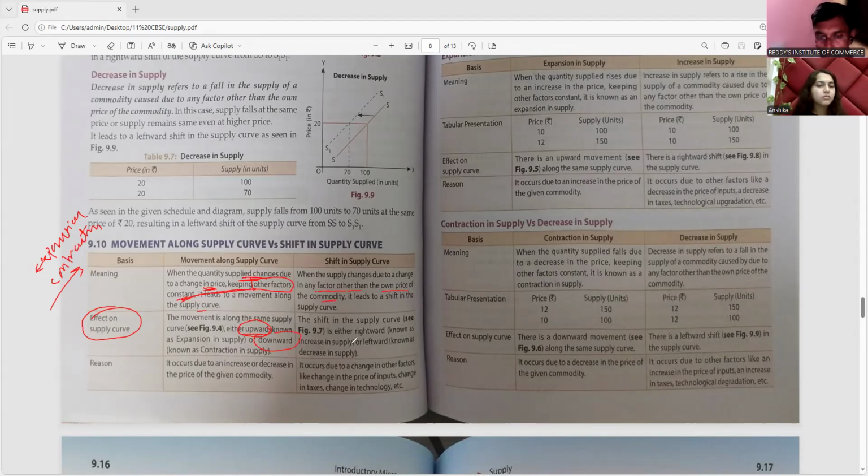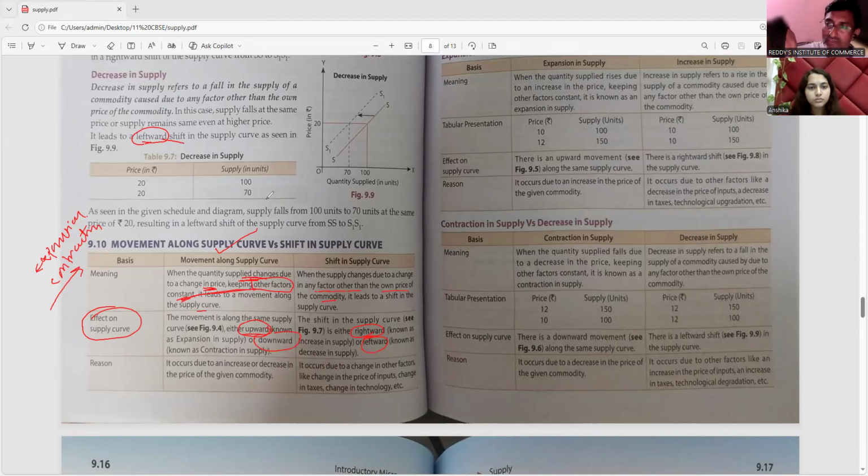But the shift in the supply curve is either rightward or leftward, known as increasing or decreasing supply. But in the movement along the supply curve, if it goes to the upward side, you can say expansion.